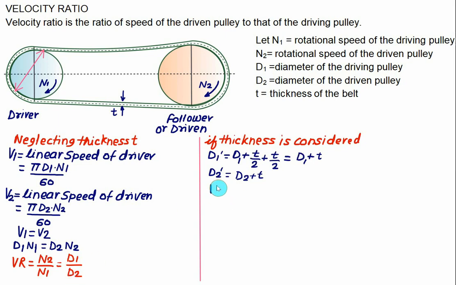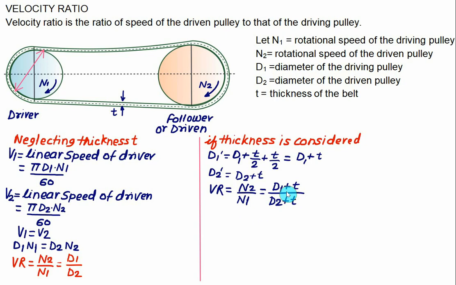So velocity ratio, if the thickness is considered, is given as N2 by N1 equal to D1 plus thickness of the belt T divided by D2 plus the thickness of the belt T.